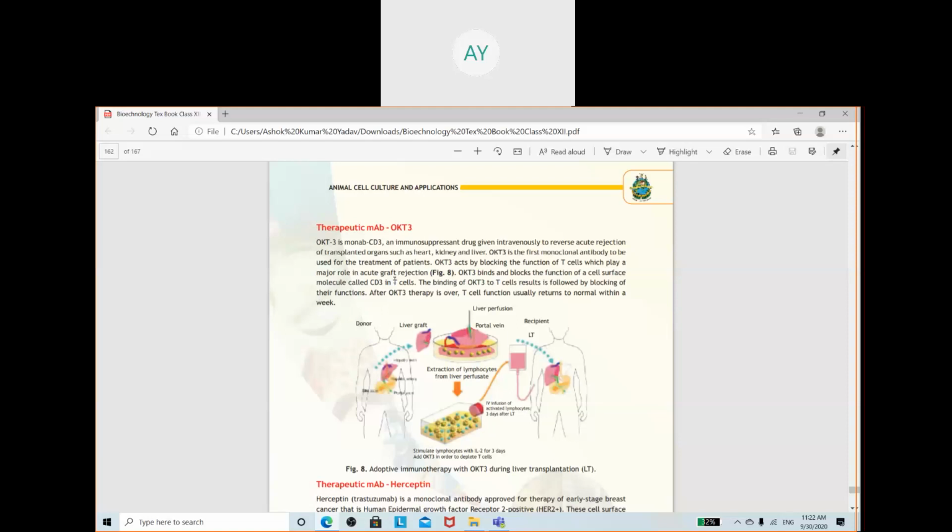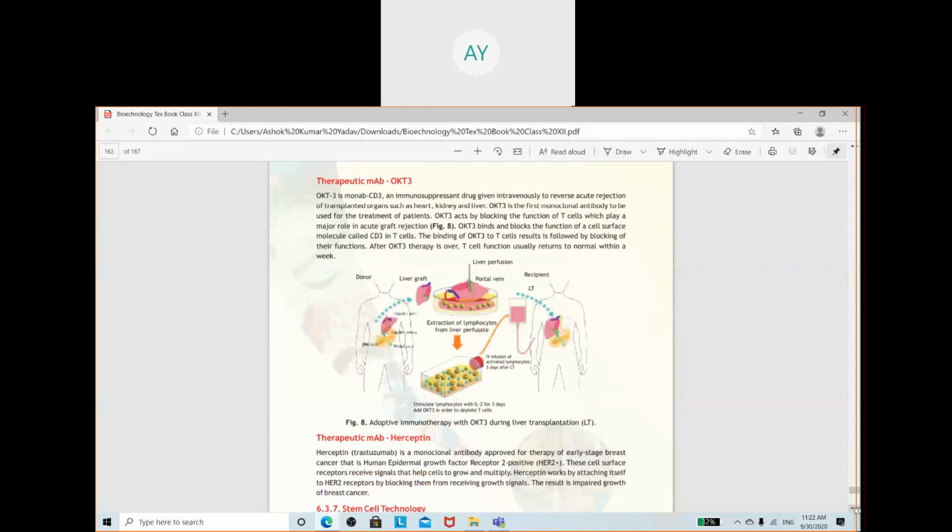Next therapeutic monoclonal antibody is Herceptin. This Herceptin will deactivate the receptor. Herceptin is the trastuzumab monoclonal antibody. So always remember the therapeutic monoclonal antibodies: one is OKT3 and one is Herceptin.